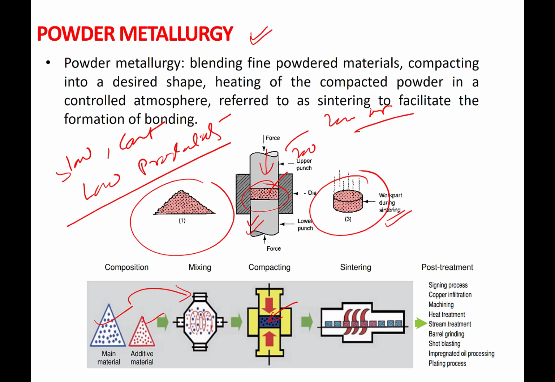So the size of the product made by the powder metallurgy route is primarily limited by the size of the press, not by other aspects related with powder metallurgy.